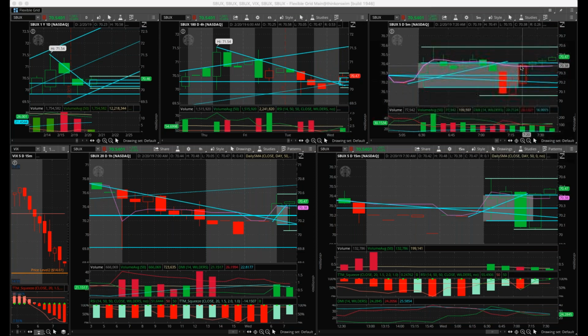Okay, so we're above that support. We didn't get the bullish engulfing on this reversal here. We missed it.